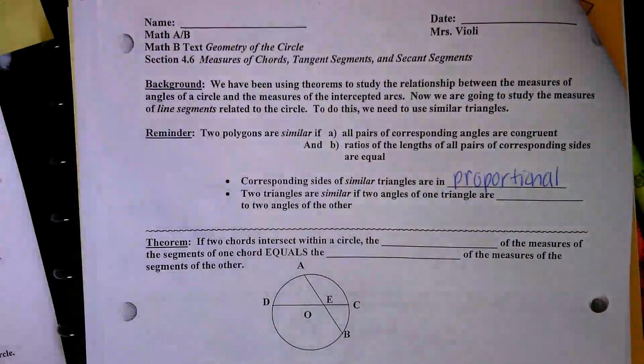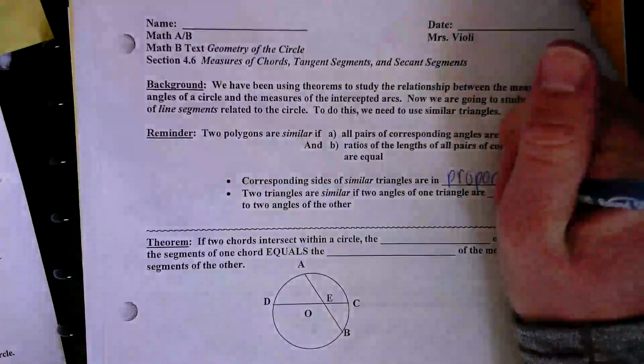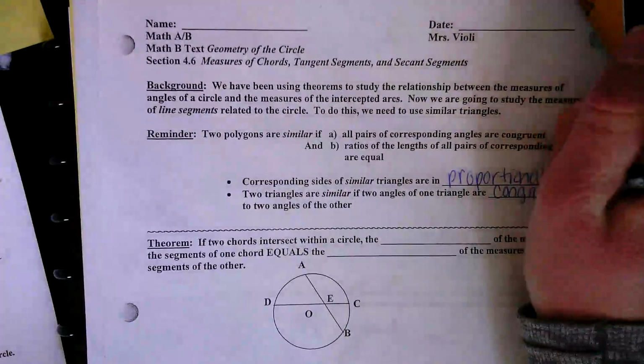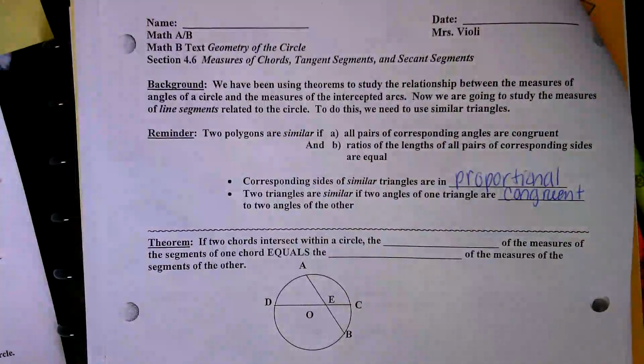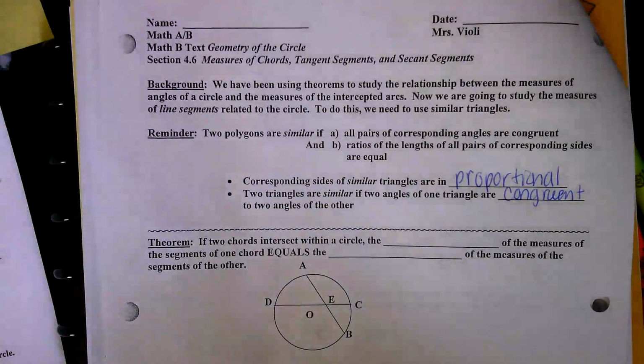Two triangles are similar if two angles of one triangle are congruent to two angles of the other.